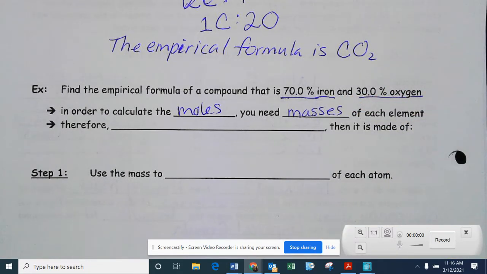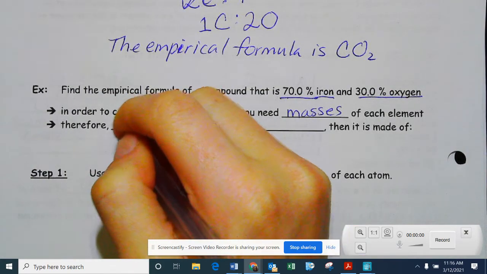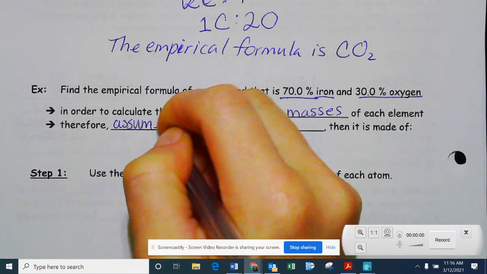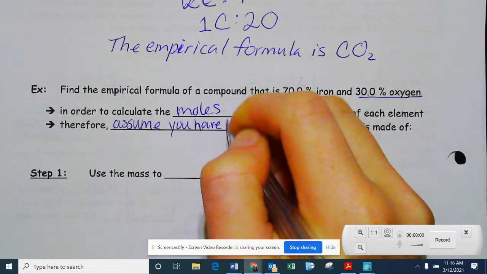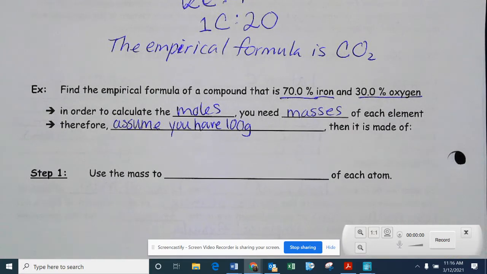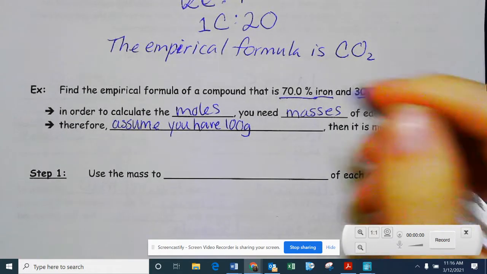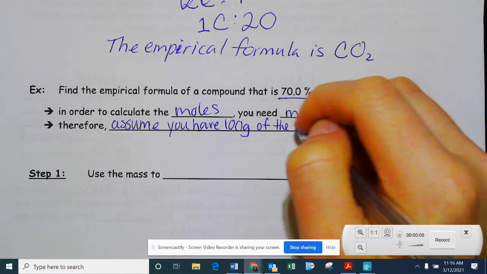So we're going to assume, and it isn't really important what you assume as long as you're consistent with it, that we've got 100 grams. This is a really easy number to work with. We're going to assume that we've got that much of the compound.